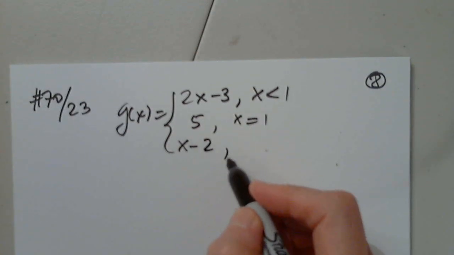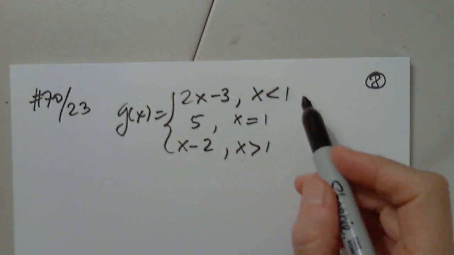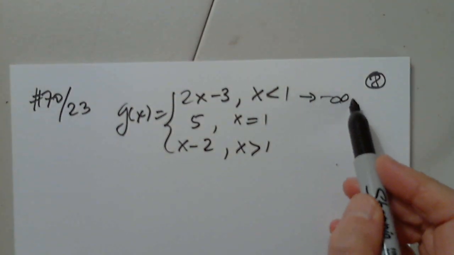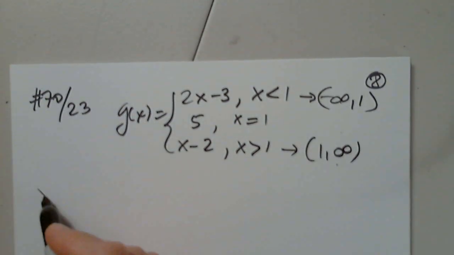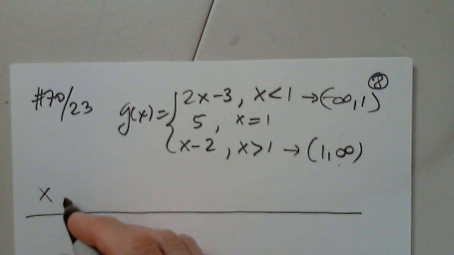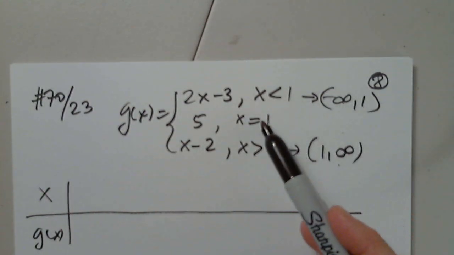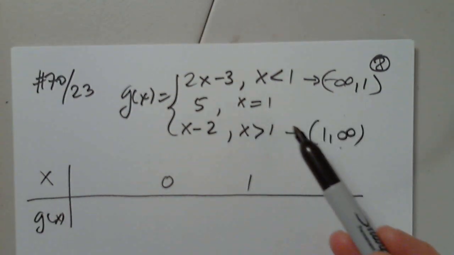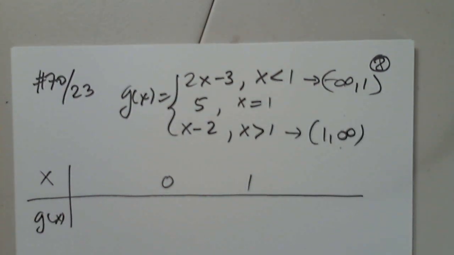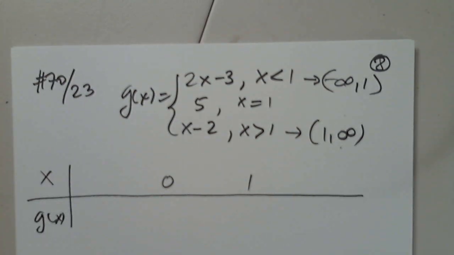And it's x minus 2 for x greater than 1. Please remember that you have to change this into -infinity to 1, and you have to change this into 1 to infinity. What is the domain of this function? Looking at this, can anyone give us the domain of this function? Thank you so much.